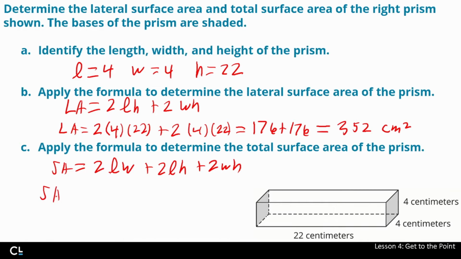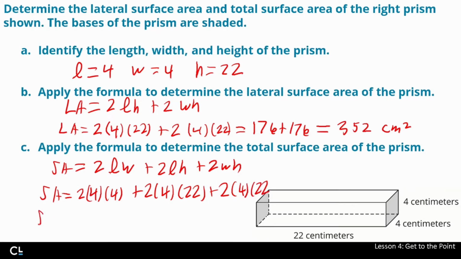So it's going to almost look like the same thing, except our 2LW, 2 times my length, which is 4, times my width, which is 4, plus 2 times 4 times 22, and then plus 2 times 4 times 22. Once again, we could solve each of these separately with the multiplication. That's going to give me 32 plus 176 plus 176.